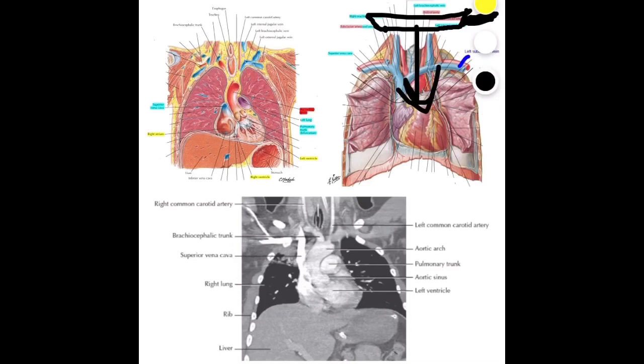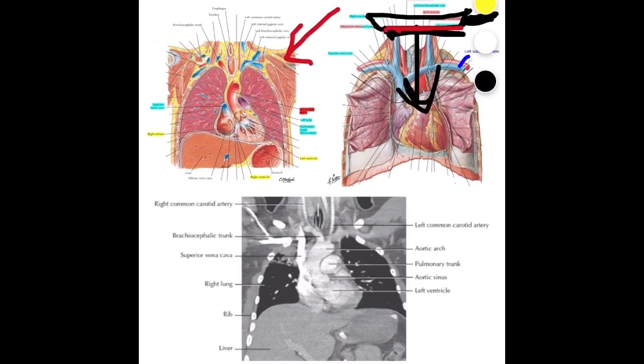This is the sharp edge of the knife, and I'm slicing it down. It sounds very sadistic, but you have to do it. You're slicing it down and opening it up, and this is what you'll get. So this is the coronal section.